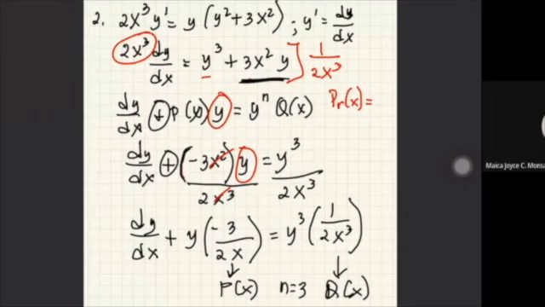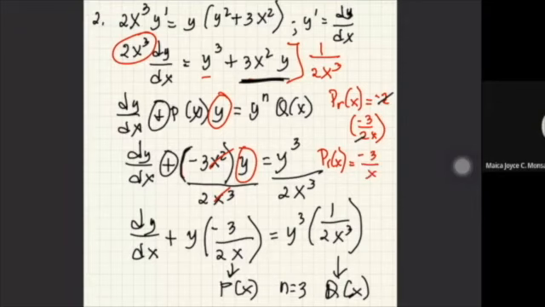1 minus 3, negative 2. Multiplied by negative 3 over 2x. So, yan. PR of x equals negative, pareho, pero mag-cancel na yung negative 2 na to, tsaka yung negative na yan. So, ang maiwan na lang natin, negative 3 over x.